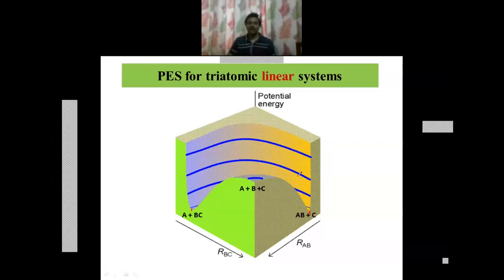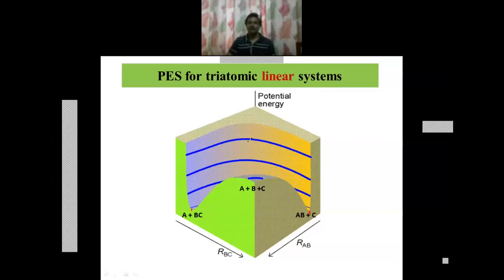Okay, let me just introduce here. This blue curve is nothing but a potential contour. Contour in a sense is that depending on the coordinates, the potential energy of the system should change. Now these points on this blue curve indicate they are having the same potential energy.